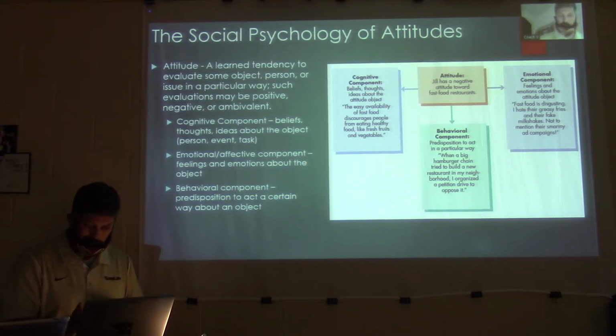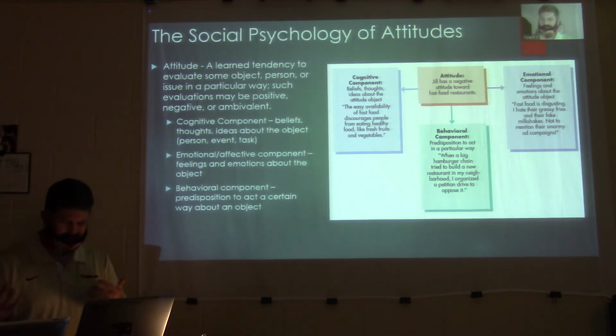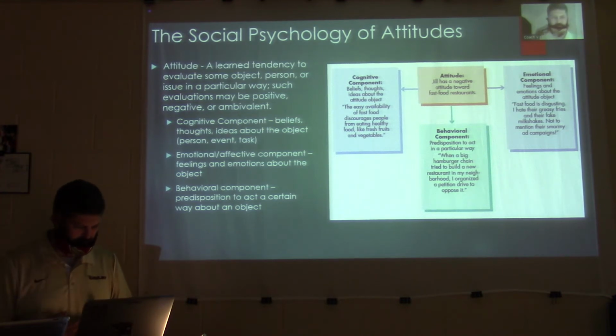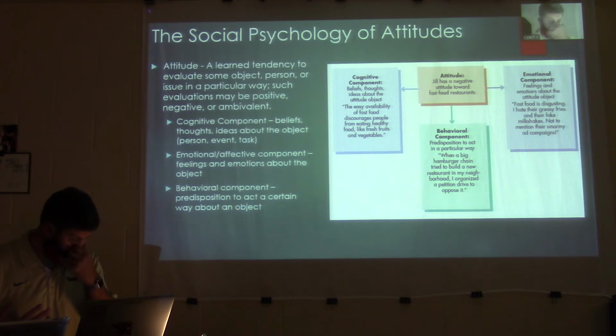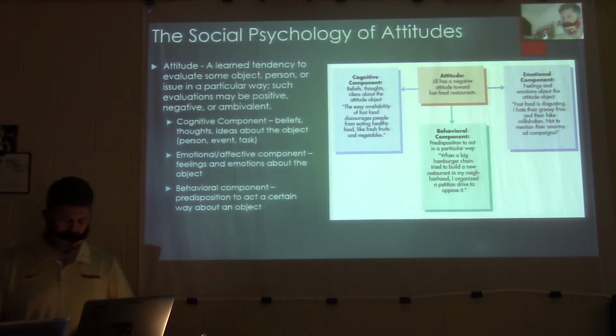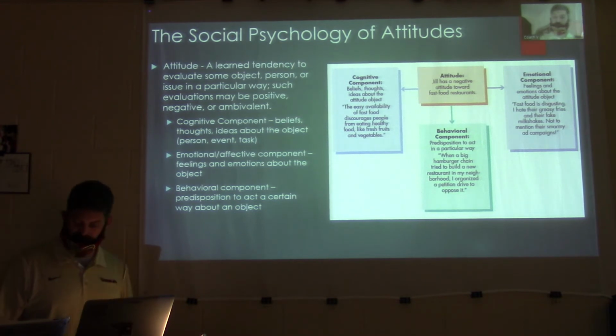Her thoughts, her beliefs, that's the cognitive component. The emotional component, her feelings about the certain situation, or the object. And then the behavioral component, how Jill would act towards fast food restaurants. I think mine with the white vans had to deal with all three of those things in the quiz.